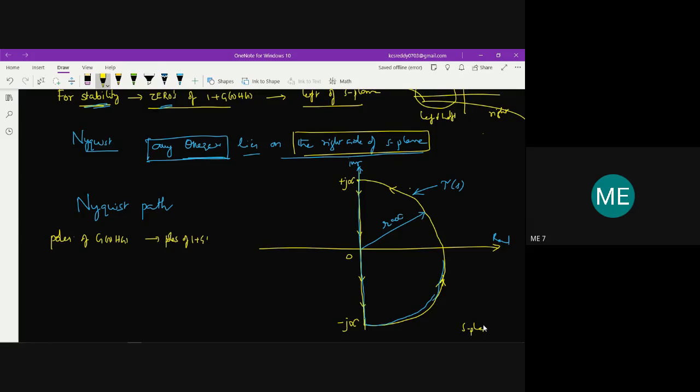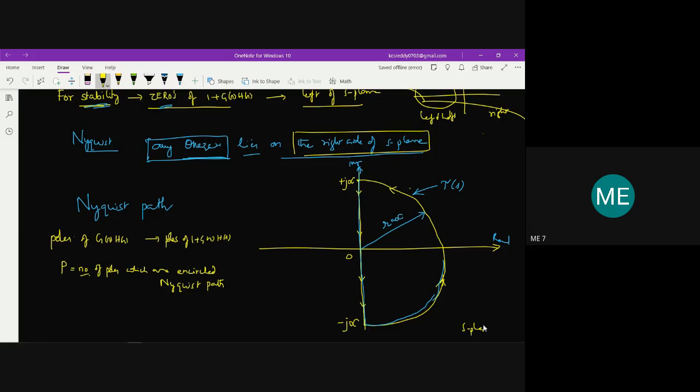So we know the value of P. P is the number of poles of 1 plus G of S into H of S which are encircled by the Nyquist path. So here, this P is defined as the number of poles which are encircled by the Nyquist path.